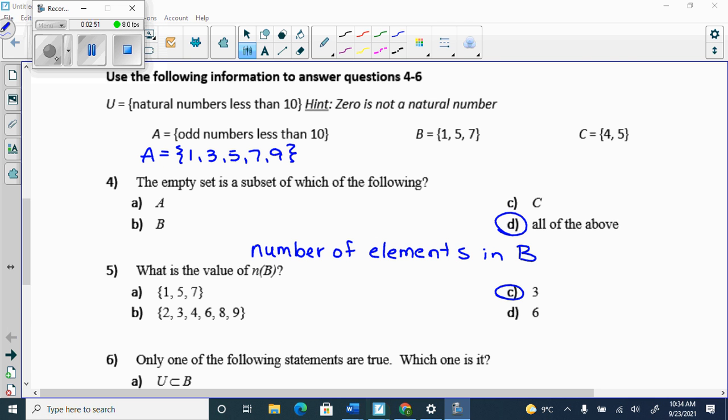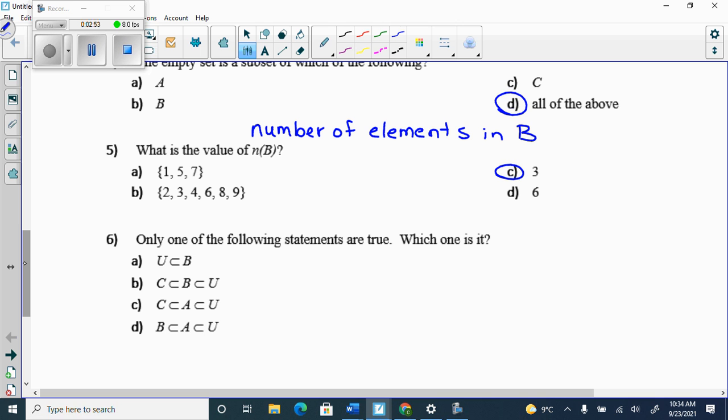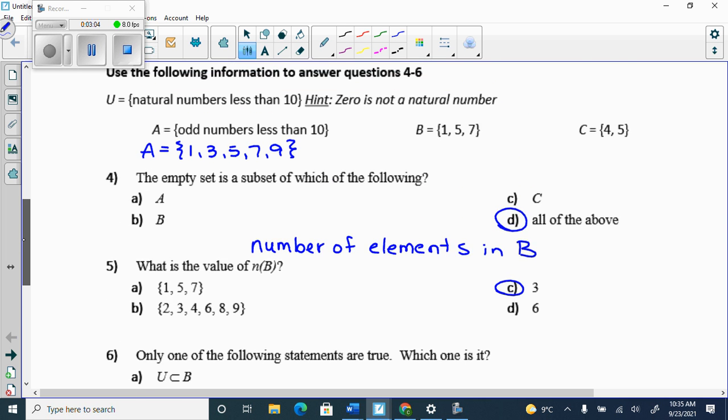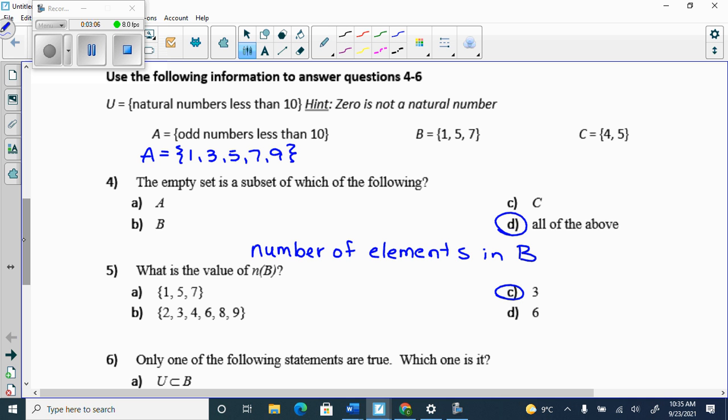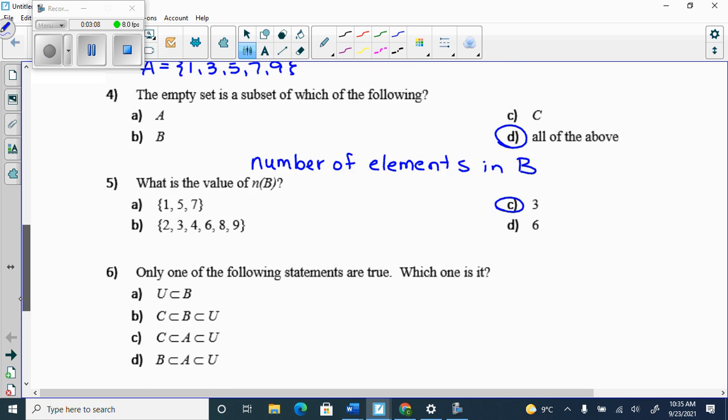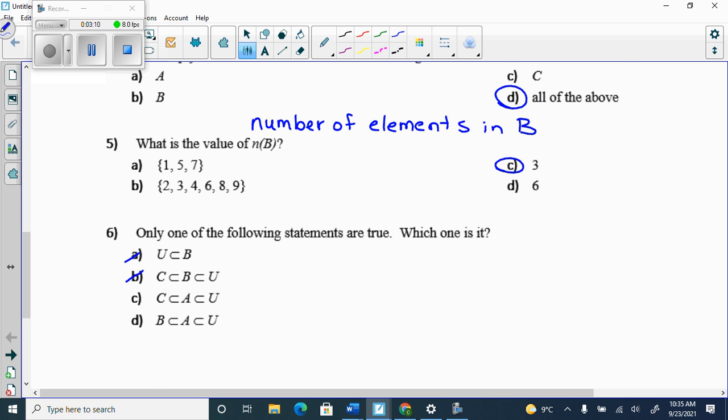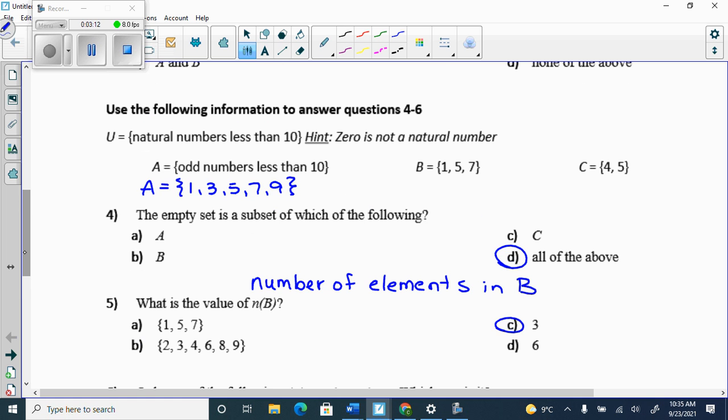Okay. This one says only one of the following statements is true. Which is it? So is the universal set a subset of B? No, the universal set's bigger than B, so it can't be. C is a subset of B, is a subset of U. C has 4, 5. B has not 4. C is a subset of A, is a subset of U. C has 4, 5.